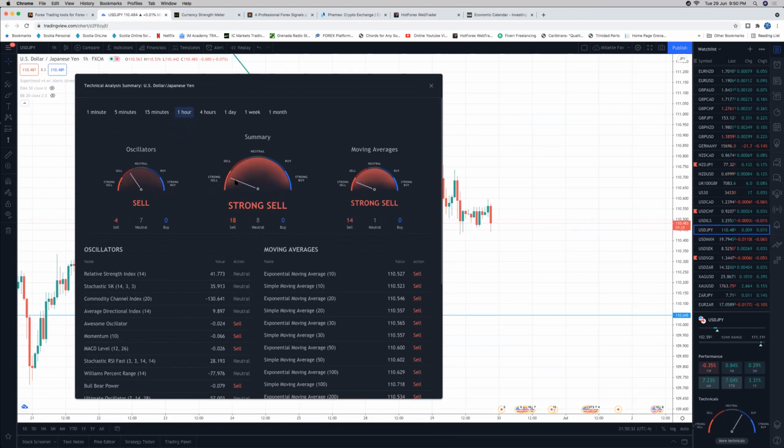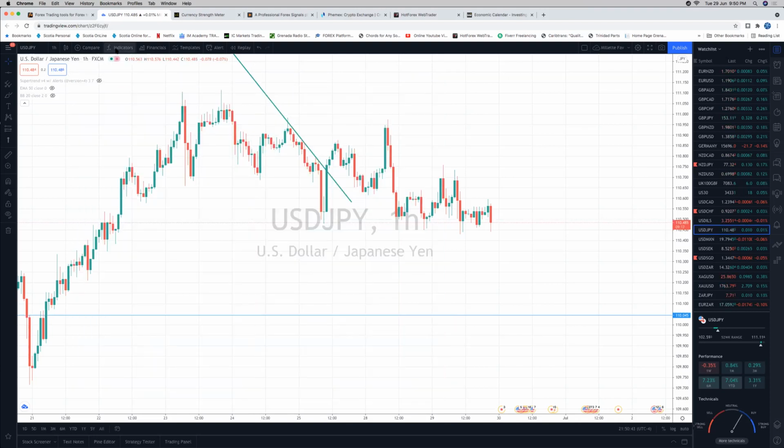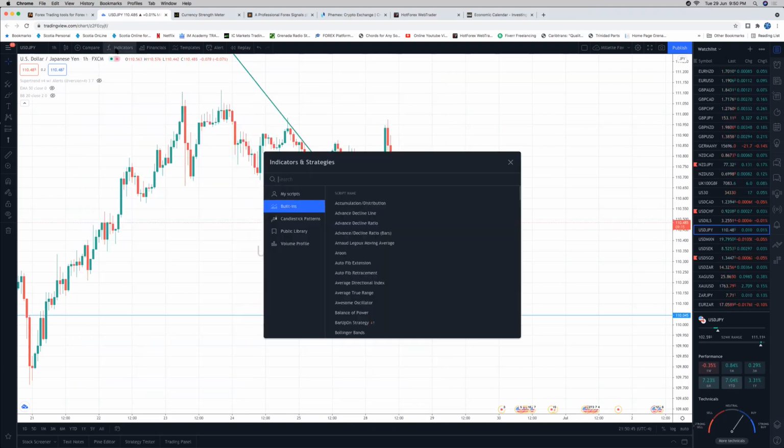So a lot of combinations can be done here. So again, the option is for you as a trader to find which is best for you. So we have these indicators inside here. I'm in my TradingView, and this is a list of indicators.